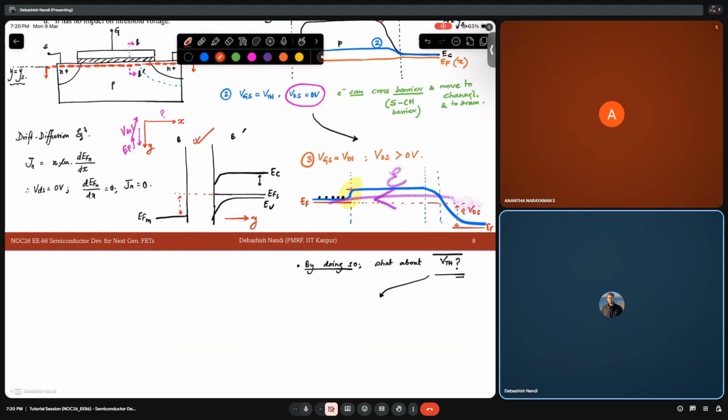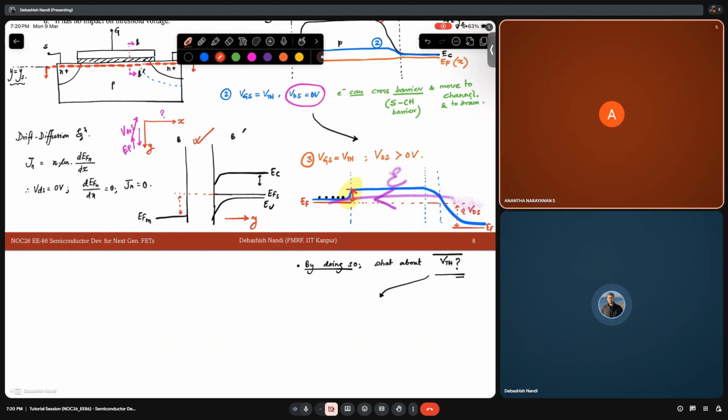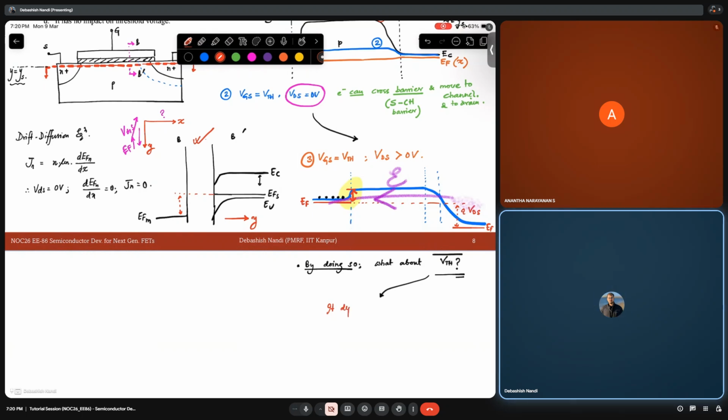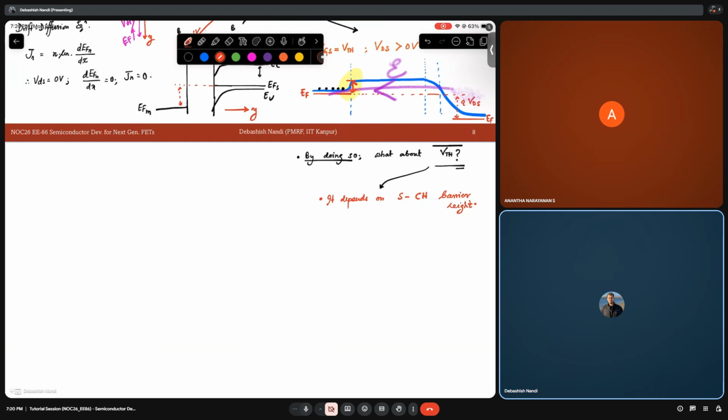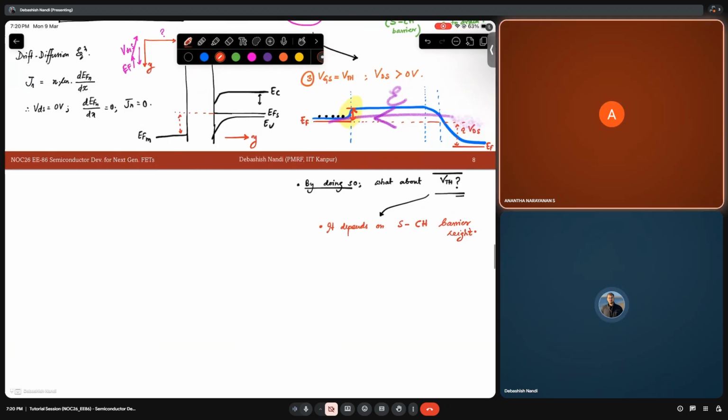It depends on the source channel barrier height. Why does it depend on that?